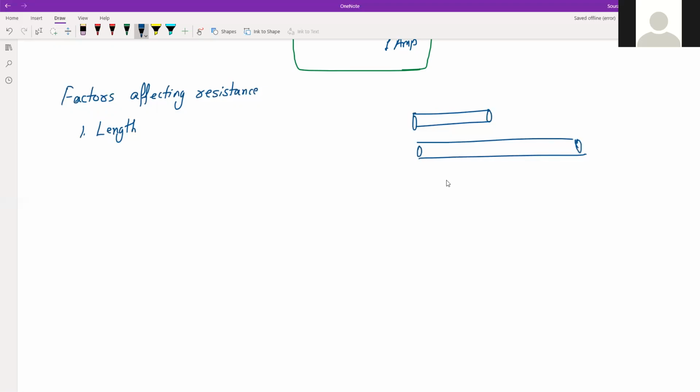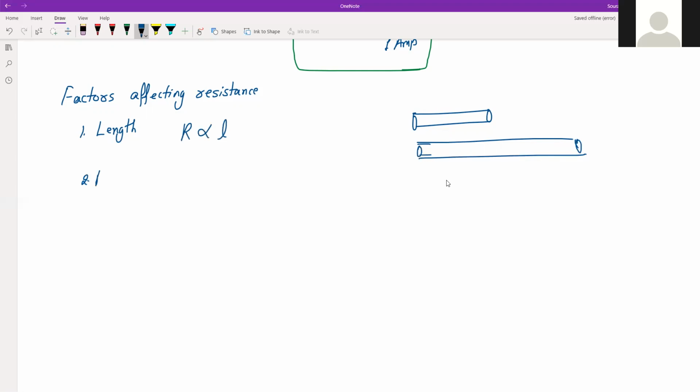Who gives this resistance or the opposition? It is the internal atoms which are giving that. Now if I increase the length of the path, obviously the resistance will be felt for a longer length. So we say that R is directly proportional to L.